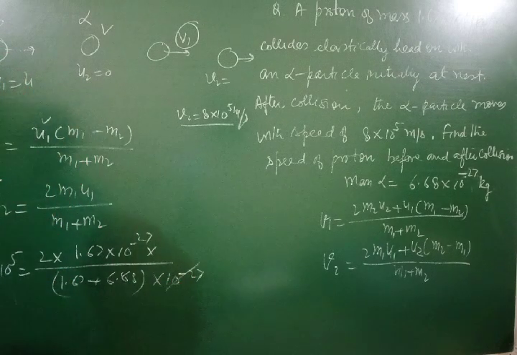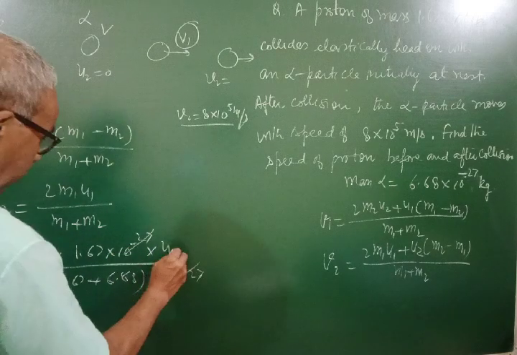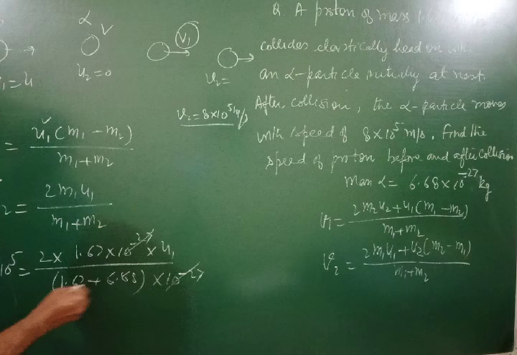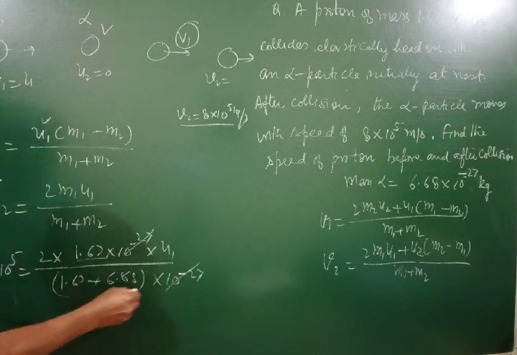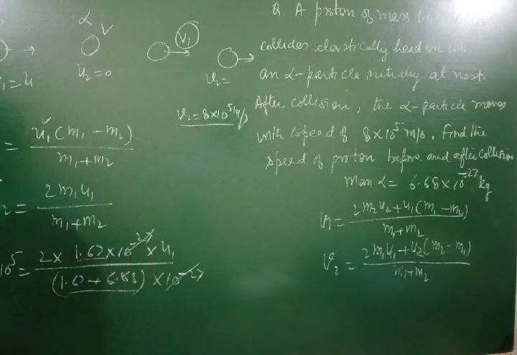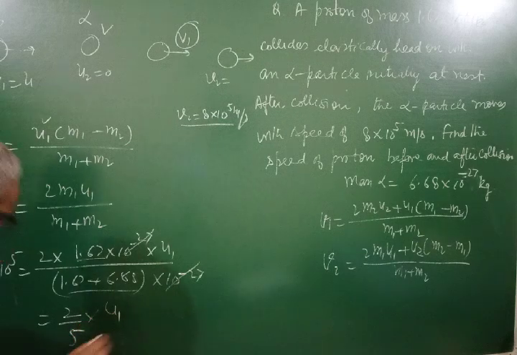You cancel. Here u1 is left, and remember, this is 4 times of this, so the denominator becomes 5, and what remains is 2 upon 5 into u1.